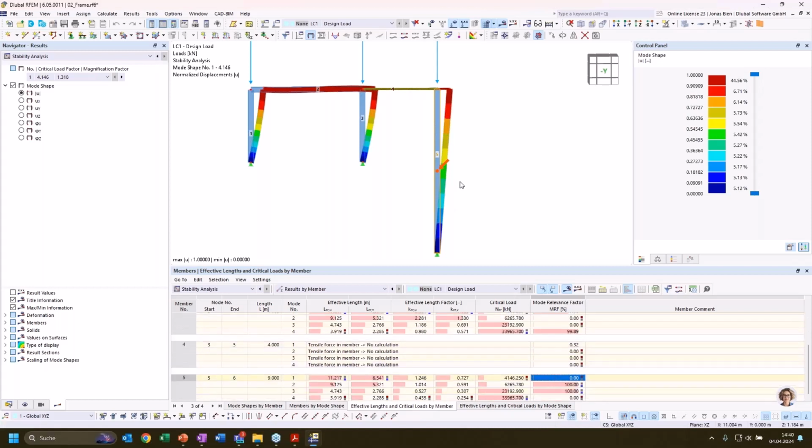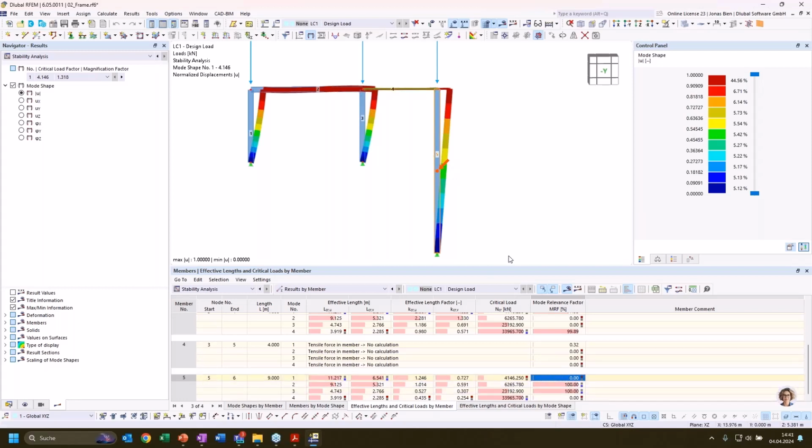If we investigate the mode relevance factor for member number 5 in mode shape number 1, we see that the factor is 0, which means that there's no internal deformation energy in this member, which means that it's just rigidly moving with the rest of the structure.